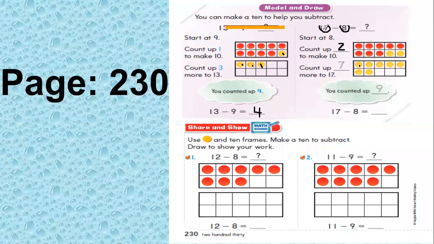That gives us 17. Now let's count all the yellow color counters. 1, 2, 3, 4, 5, 6, 7, 8, 9. We counted up to 9. So 17 minus 8 gives us 9.